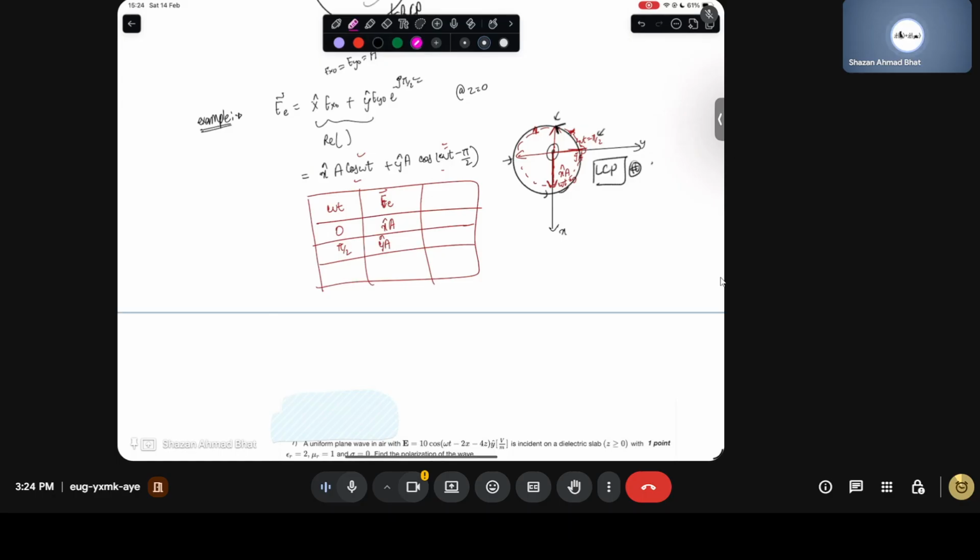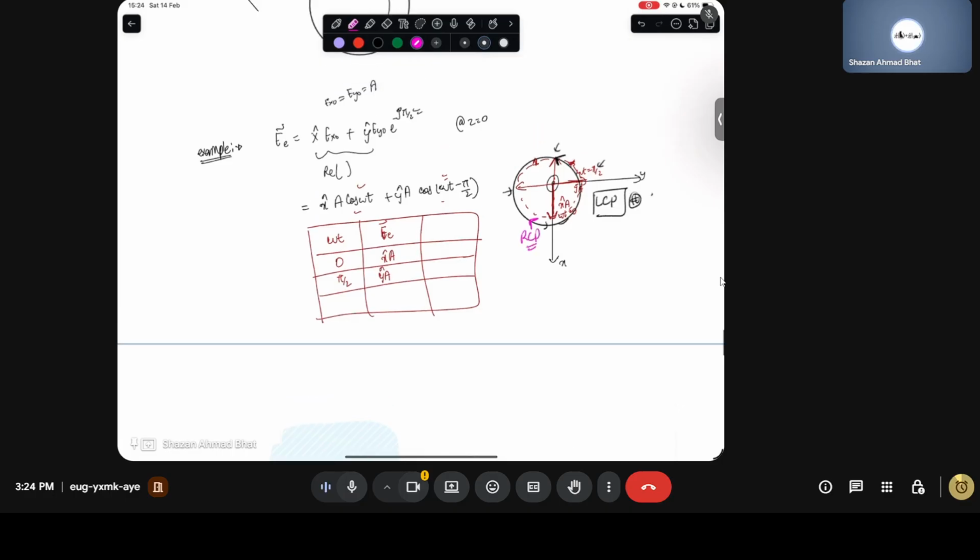If it had been moving in the opposite direction, then it would have been right circularly polarized. And how would you get that? You just have to use the sign of e to the power j pi by 2 here. That phase factor will convert it into right circularly polarized light. So it will convert a left circularly polarized light to a right circularly polarized light.